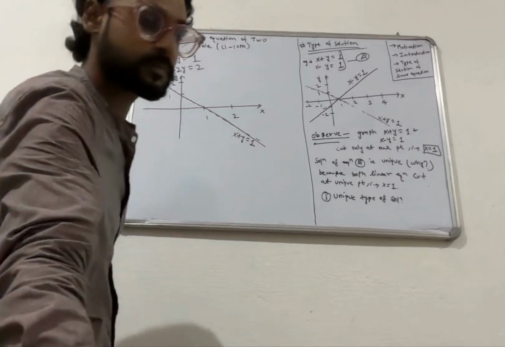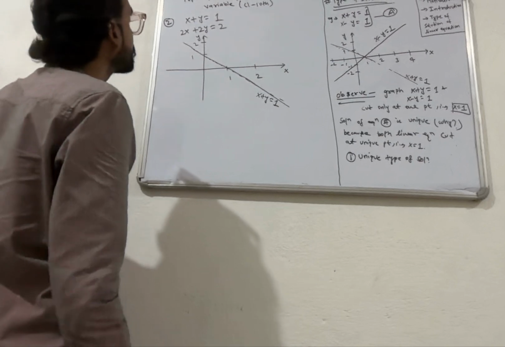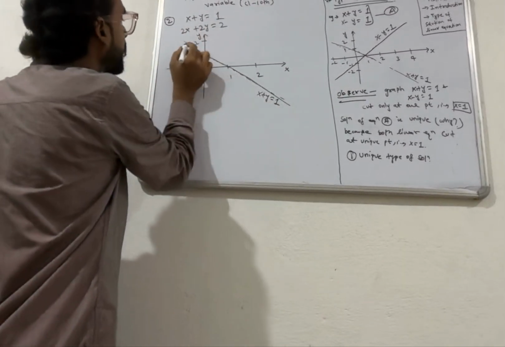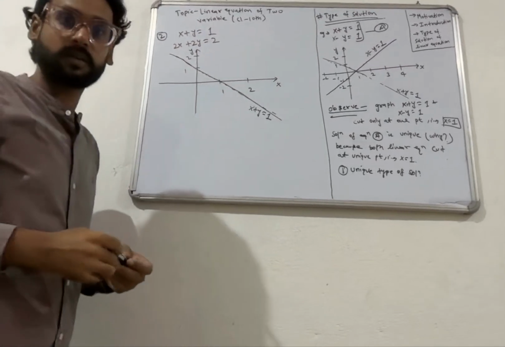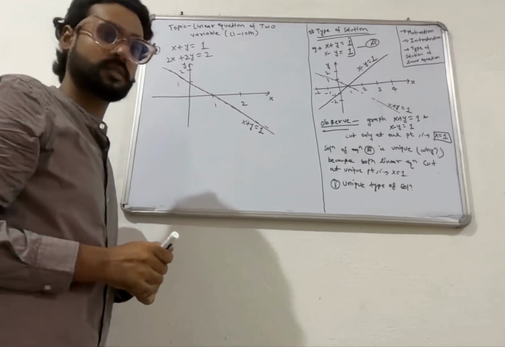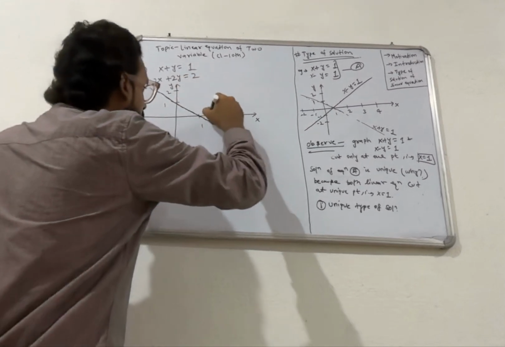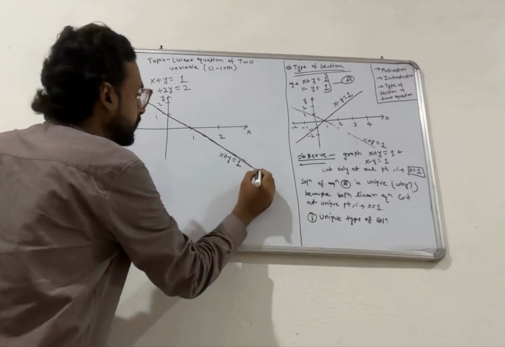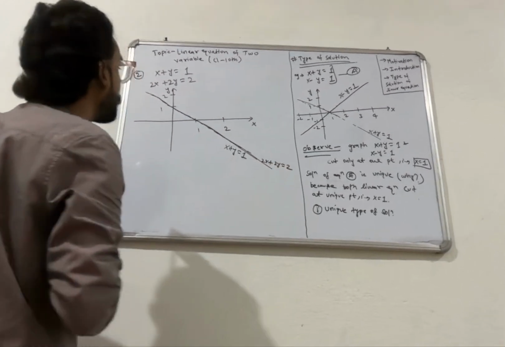Okay, and my next part is 2x plus 2y. They also lie on the same line. Okay, they also lie on the same line. This is 2x plus 2y is equal to 2.